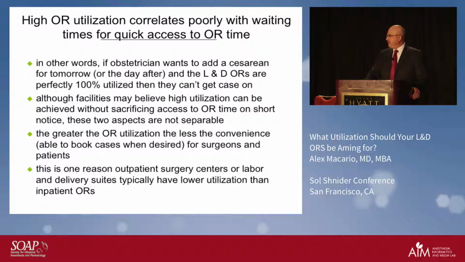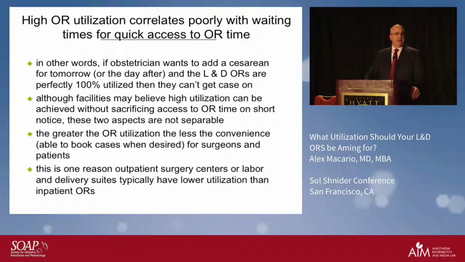So we have to have a lower utilization than we would in a typical hospital to give obstetricians access to the operating room. Although facilities may believe a high utilization can be achieved without sacrificing access to OR time on short notice, these two aspects are not separable.